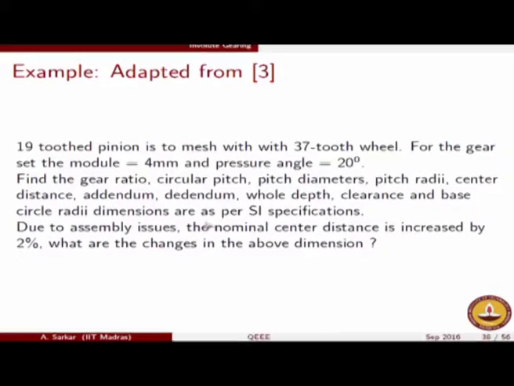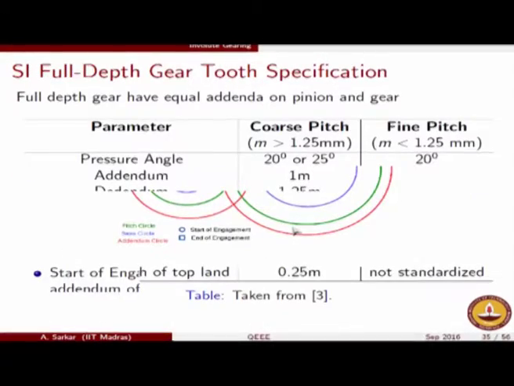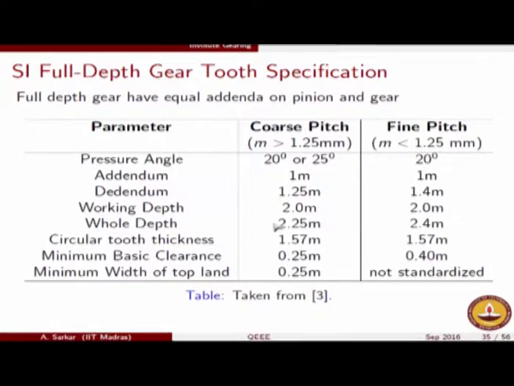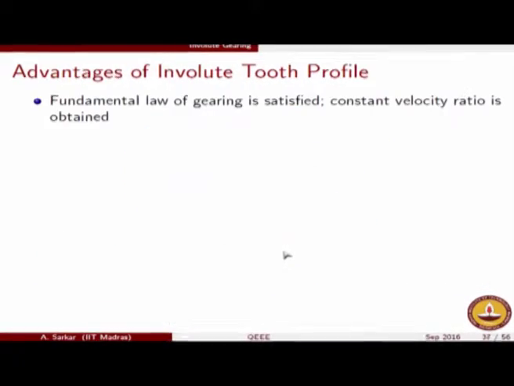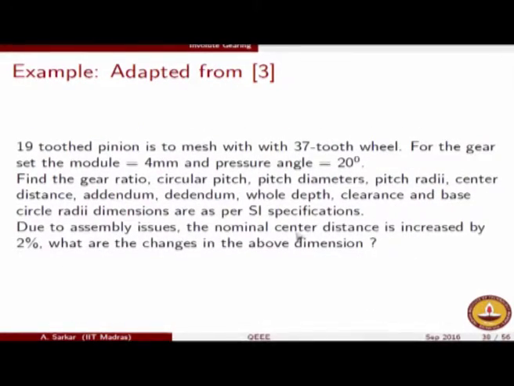And you are asked to use the SI specifications, which you will recall I had mentioned as this one. This table gives exactly the SI specifications for addendum, dedendum and tooth thickness and so on. So here you are basically asked to apply all those formulae to solve this particular problem.